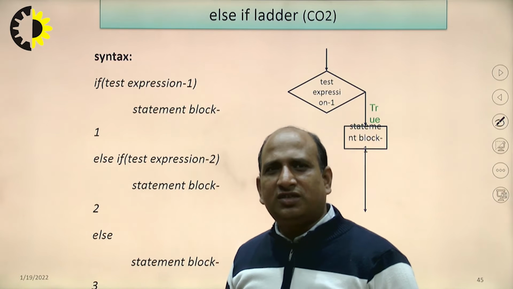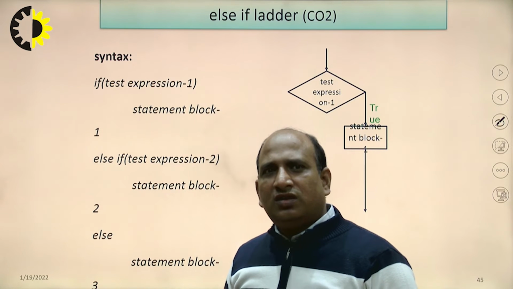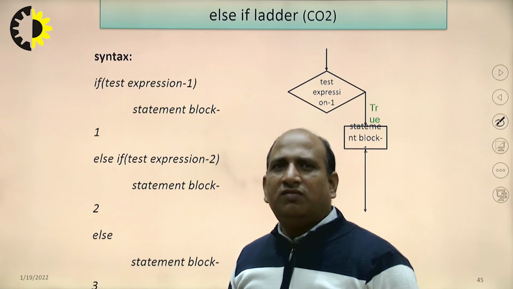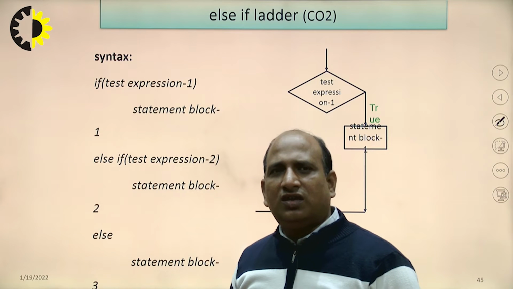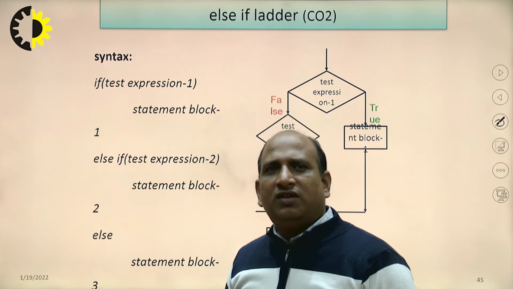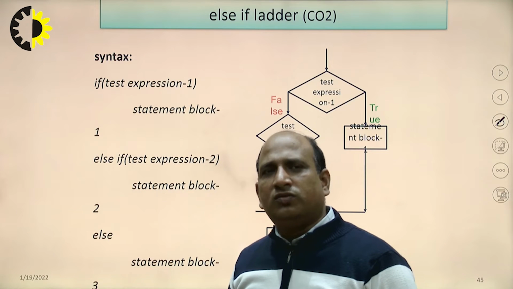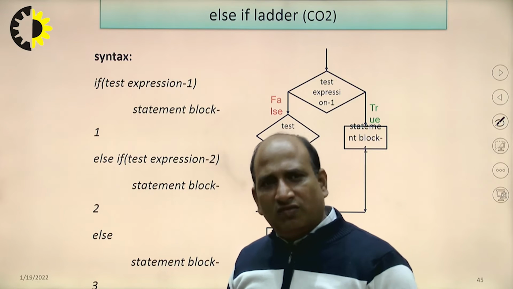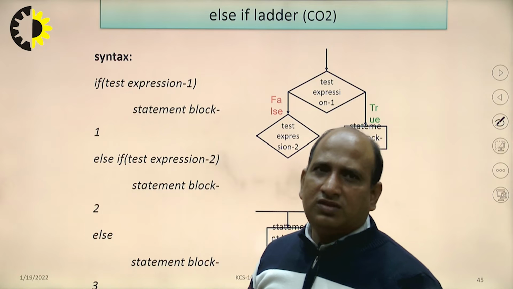If test expression 1 is true, then statement block 1 will execute. Otherwise, we will test test expression 2. Means test expression 2 will be evaluated only when test expression 1 is false.